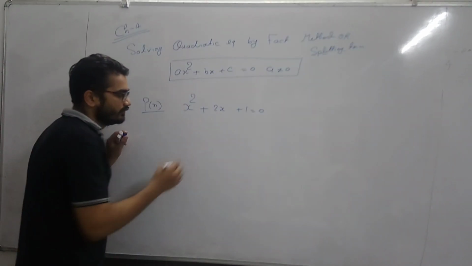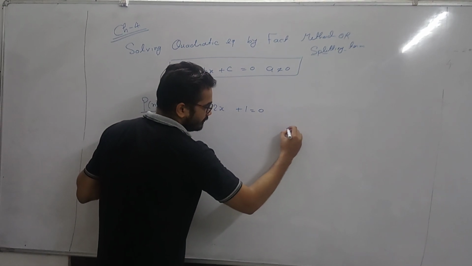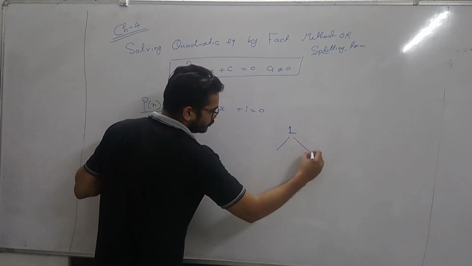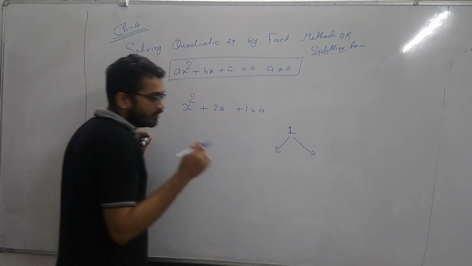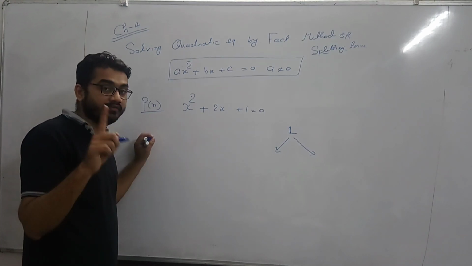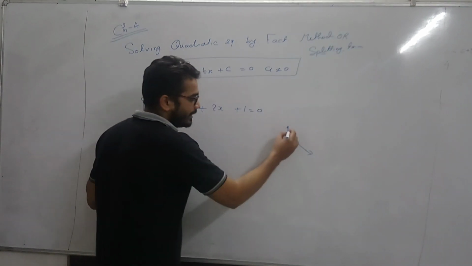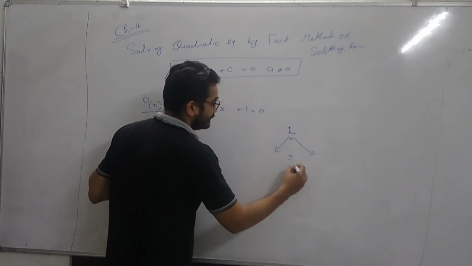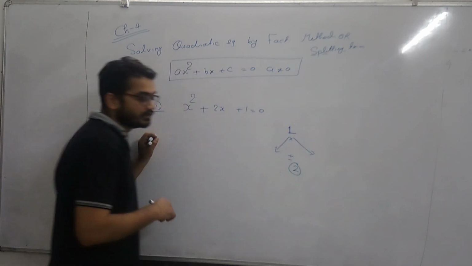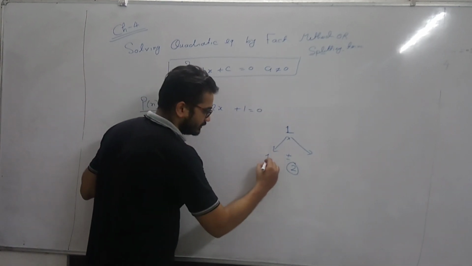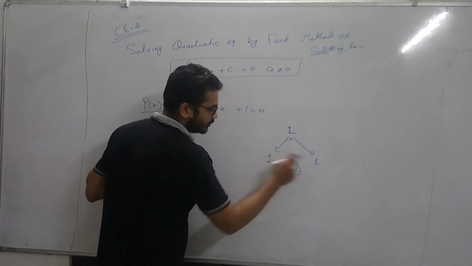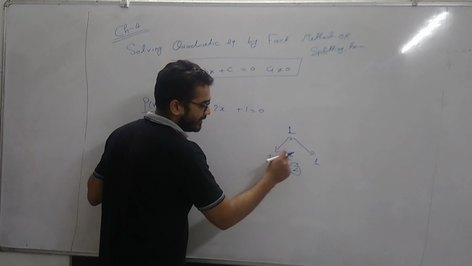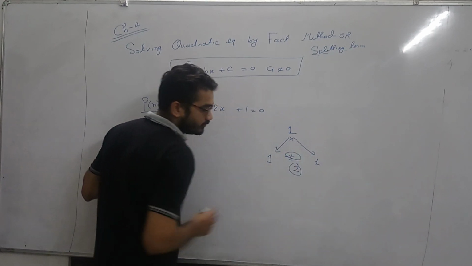Now what we have to do? We have to split the middle term 2x into two such parts that when we multiply we get 1, and when we add we get 2. So 1 multiplied by 1 is 1, and 1 plus 1 is 2.